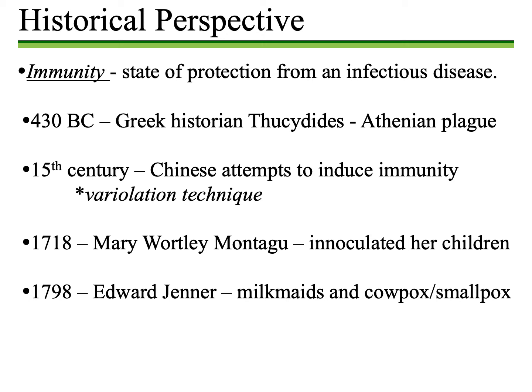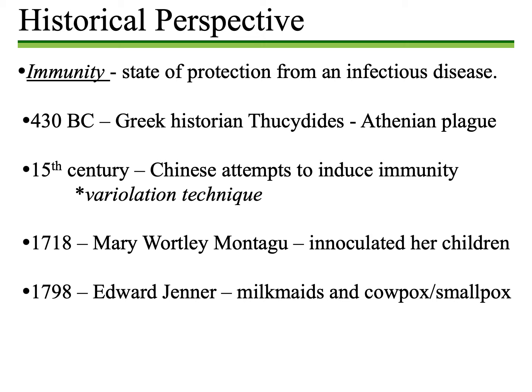So the first documented case that I want to talk about was back in 430 BC by a Greek historian known as Thucydides. Thucydides wrote about a plague known as the Athenian plague. The Athenian plague occurred because individuals were living in very close quarters and practiced very poor hygiene mechanisms.